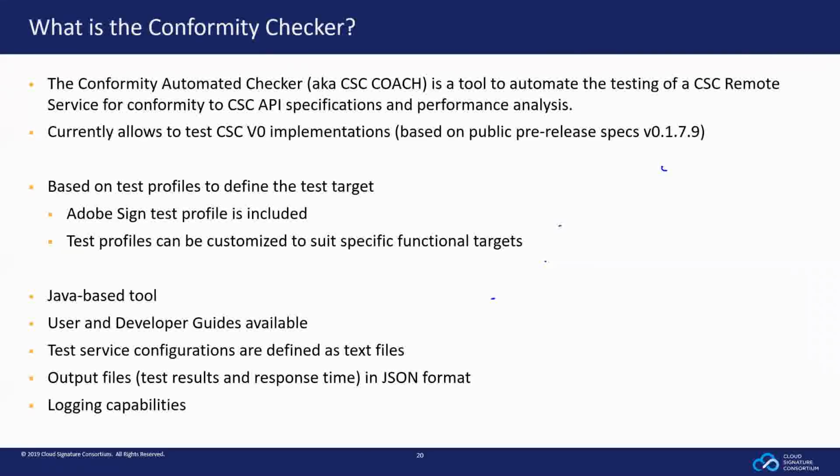So if you want to ensure that your service will meet the Adobe requirements, you simply select the Adobe Sign test profile, and the conformity checker will make sure that everything required by Adobe will be tested and evaluated. Of course, these test profiles are not bound to the Adobe profile, and they can be customized to suit specific functional targets.